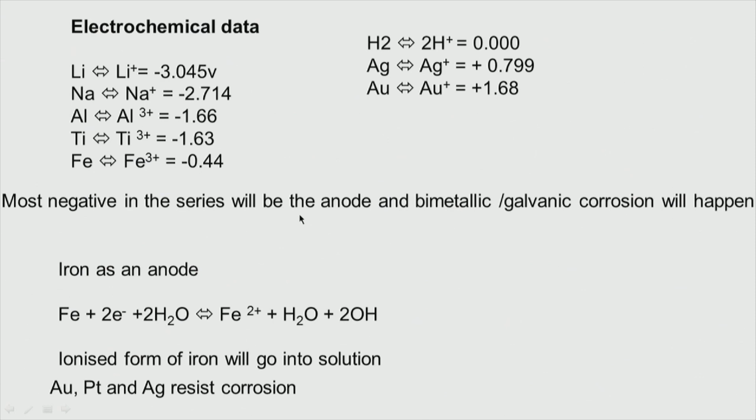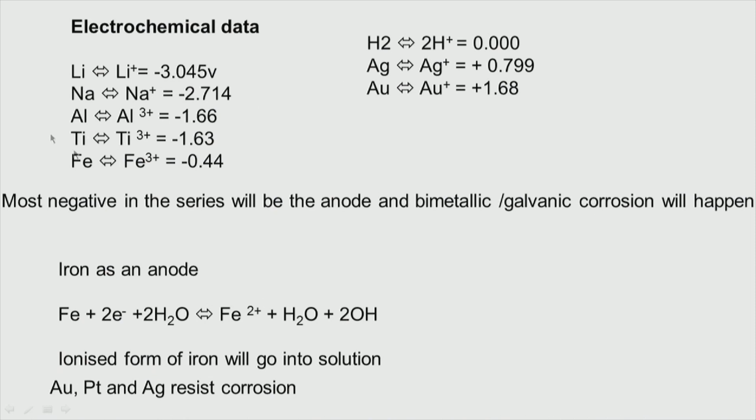Okay. So, if I have here iron and gold, the most negative, iron, will become the anode. Fe minus 2 electrons can become Fe 2 plus, so this can go into solution. That is why gold, silver, even platinum can resist corrosion. That is why when you go into biosensors and lead wires, they always use the noble metals.